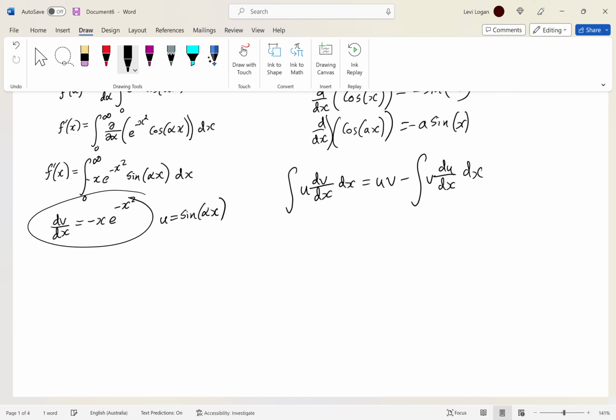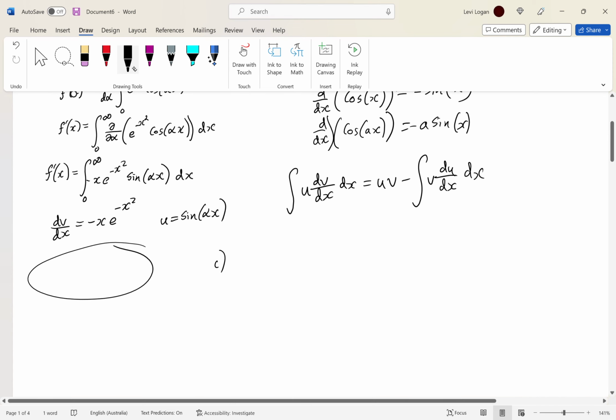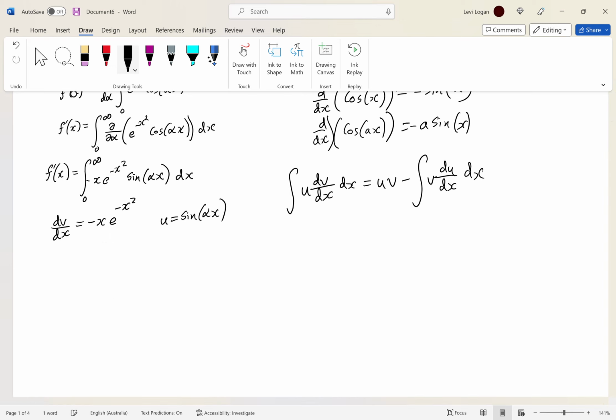Now we're just going to integrate this. So recall, hold on, my computer's not loading. Recall if we just had this as an integral, negative e to the negative x squared dx, and we let u equal x squared up here. If you had du/dx, you differentiate with respect to x, you'd have 2x, okay?